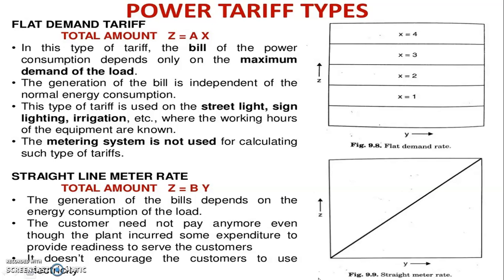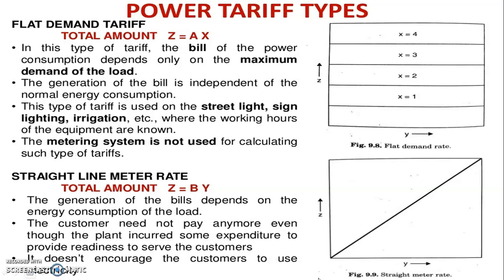Power tariff types: flat demand tariff. So flat demand tariff is calculated by the formula Z is equal to AX. In this type of tariff, the bill of the power consumption depends only on the maximum demand of the load. The generation of the bill is independent of the normal energy consumption.